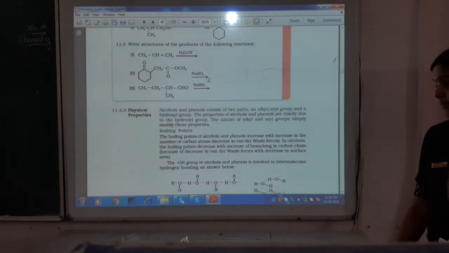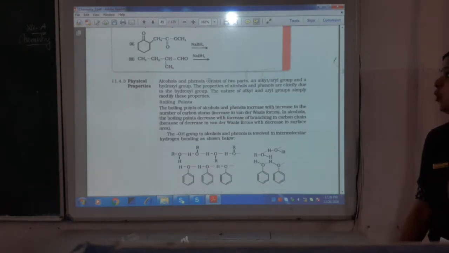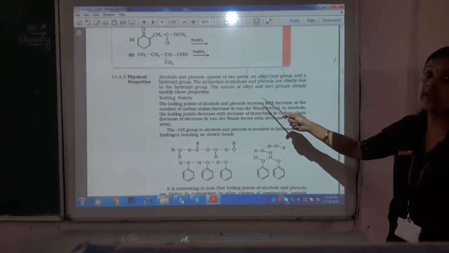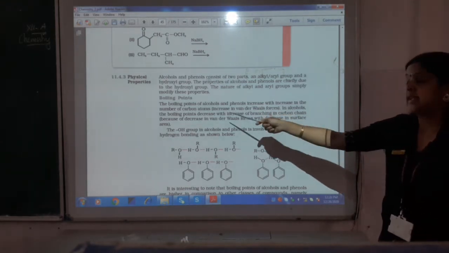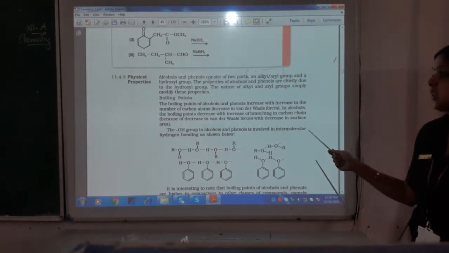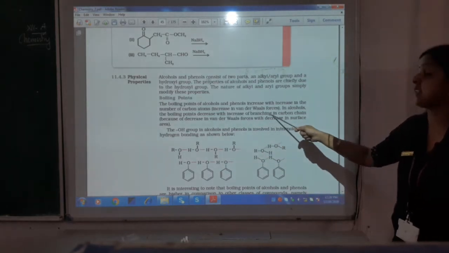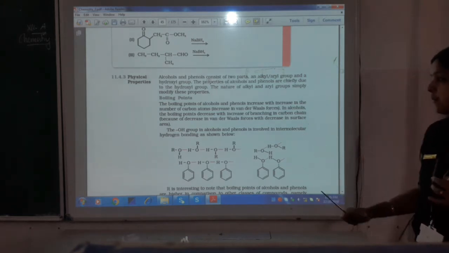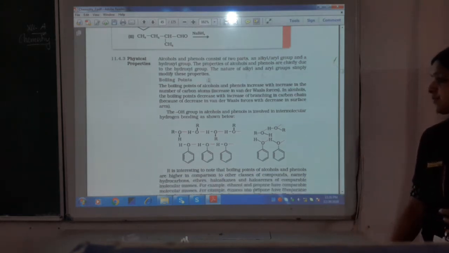Next one is physical properties. The most important is the boiling point of alcohols and phenols. They increase with the number of carbon atoms. The boiling point decreases with increase in branching. When the carbon branches increase, the boiling point actually decreases.